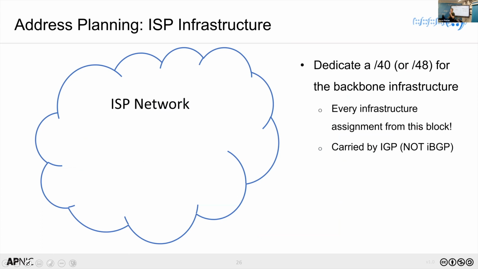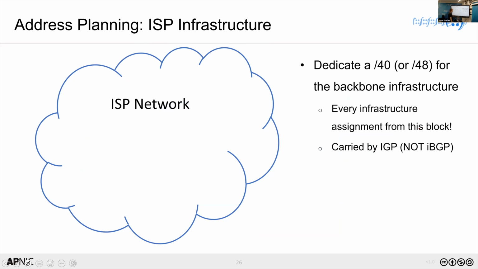So let's think about what I have within my network. As an ISP or a large resource holder, I should dedicate a /40 or even a /48 for my backbone infrastructure. What are we referring to? All of my infrastructure assignments. These are not carried in BGP.